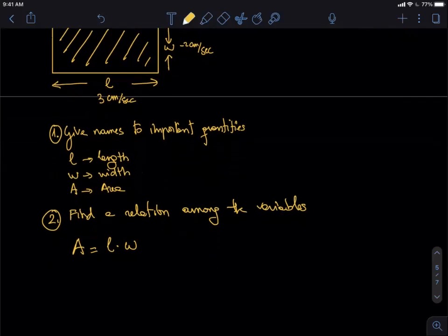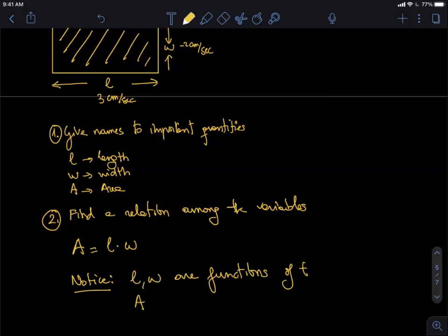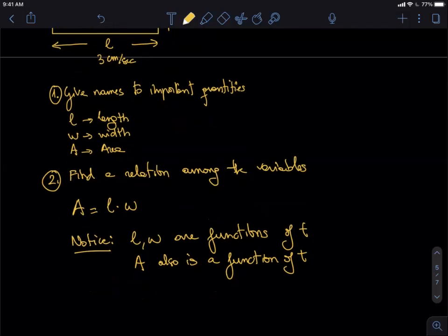Now, notice here, L and W are functions of time. They are changing in time, right? But then the area too. So in this equation, everything depends on the time. So we can actually write it if we want.